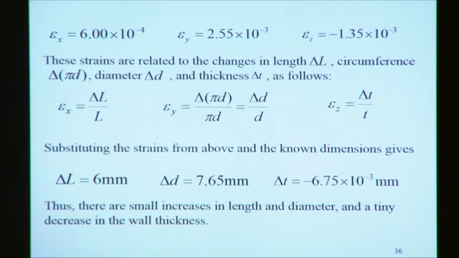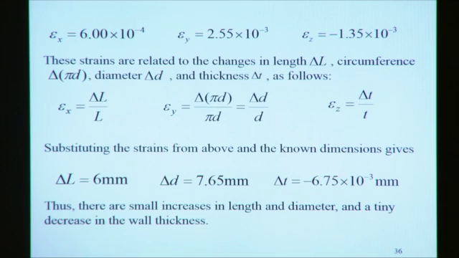If we put in all the numerical values, we can find the strain components. The strain along the x direction is the change of the length of the cylinder with respect to the original length, and similarly epsilon y over the circumference is the ratio of the change of the diameter to the original diameter, and epsilon z can be estimated from the change of the thickness with respect to the initial thickness.